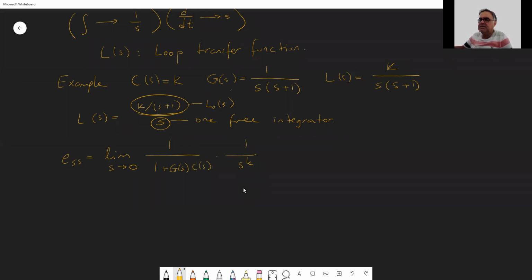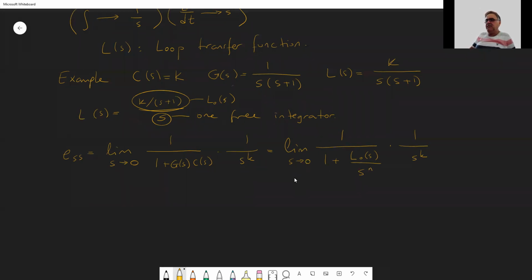But we can write this, from our definition, as limit s goes to 0 of 1 over 1 plus L0 of s. This is the loop transfer function, L of s, so I can write this as L0 of s over s to the n, times 1 over s to the k, right?